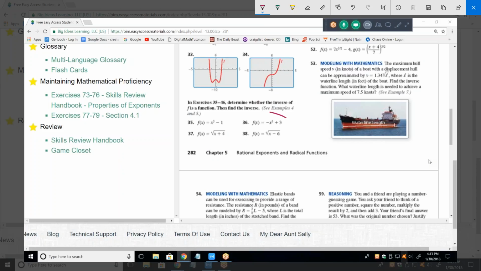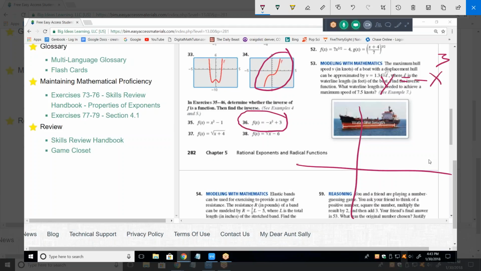So let's look at 36. How would you graph that? It's that, only the negative of that. So if I was trying to graph, say, y equals negative x cubed, well, it's going to be that, only the reflection of that.